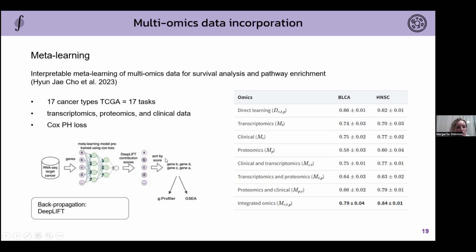Also, using the DeepLIFT algorithm, which is in fact a backpropagation algorithm, they can get scores for each feature, for each covariate, and use these scores to sort the genes and apply pathway enrichment analysis using, for example, g:Profiler or GSEA.